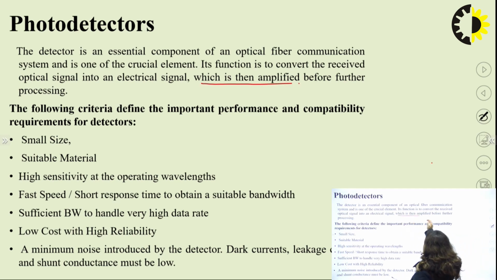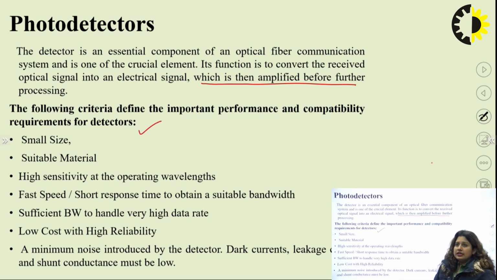So photodetectors are a particular type of component used for converting an optical signal into an electrical one, which is then further processed with the help of different types of electrical amplifiers. There are some performance and compatibility requirements for the detectors, so that they can be easily coupled with the fibers at the output.